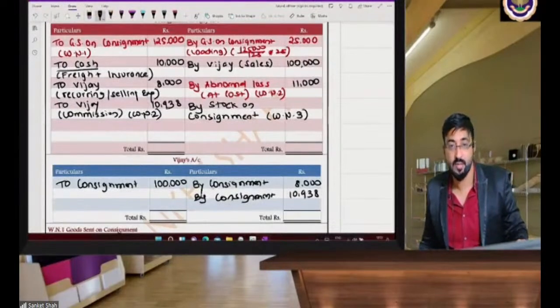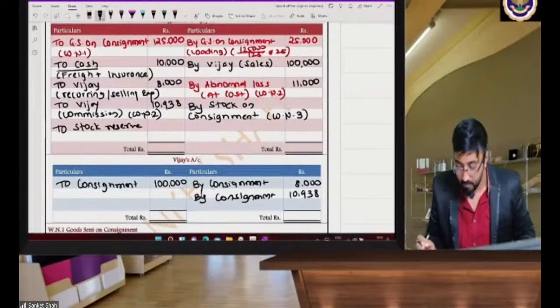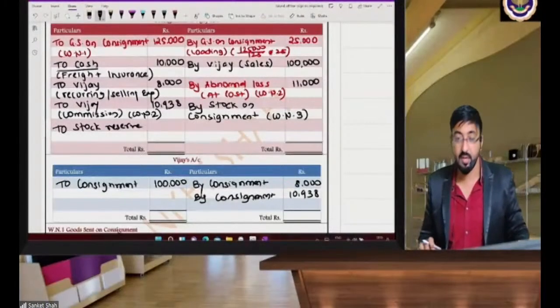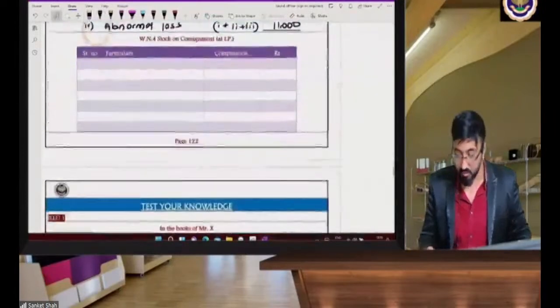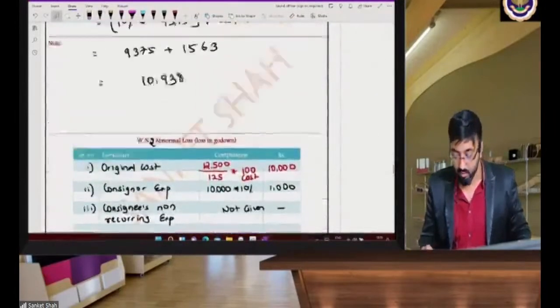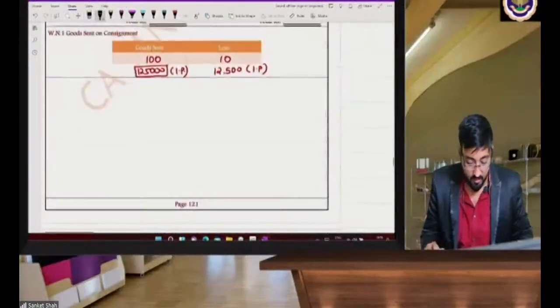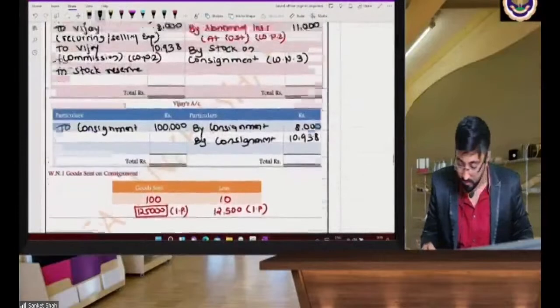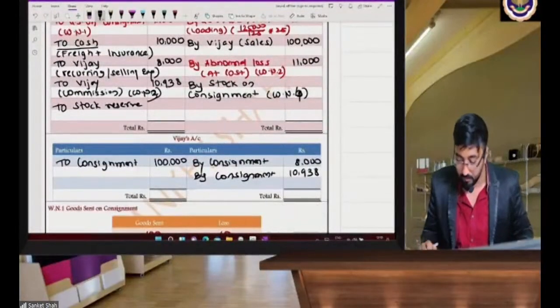Stock on consignment, and you will cancel stock reserve. Last working note. Sorry, working note 4. Sorry, this is 3. Commission is 3. This is 4.